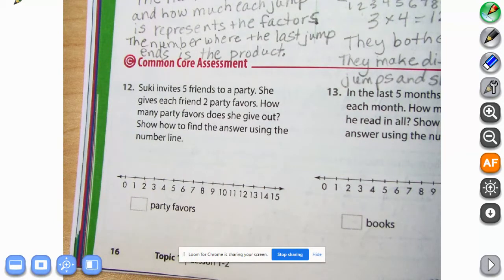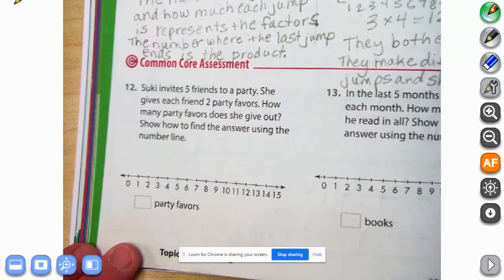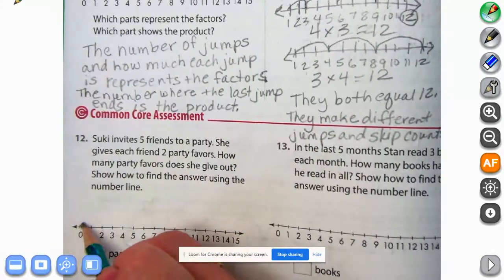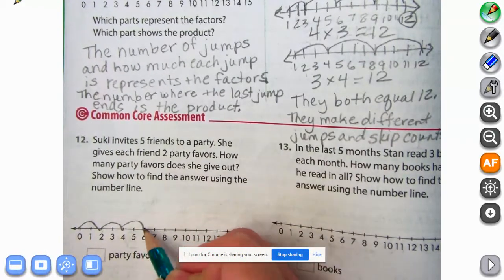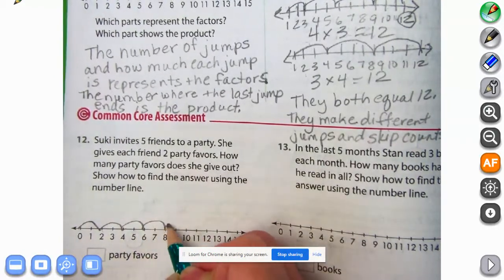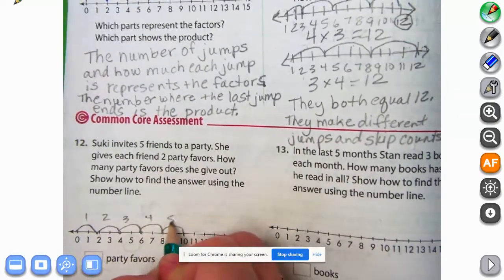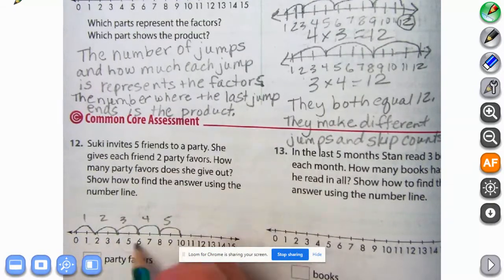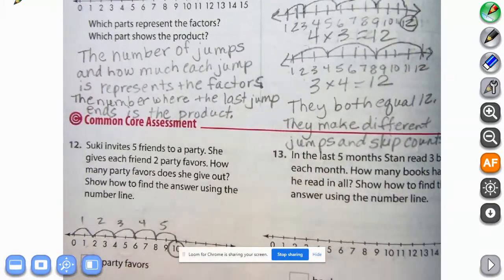Okay, 5 friends, so that means we're going to jump 5 times, and there's 2 party favors in each jump. So 1 jump, 2 jumps, 3 jumps, 4 jumps, 5 jumps. And we've done 2 in each jump. So how many party favors are there going to be? It's going to be 10.